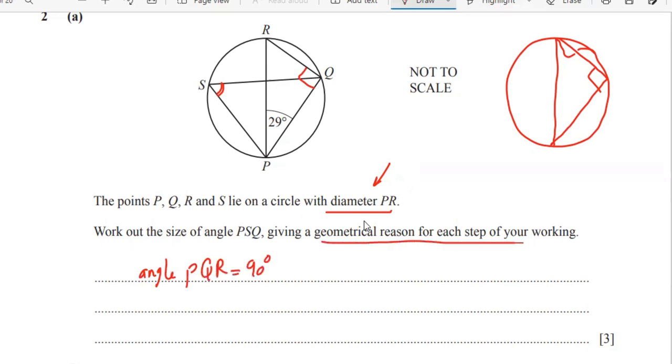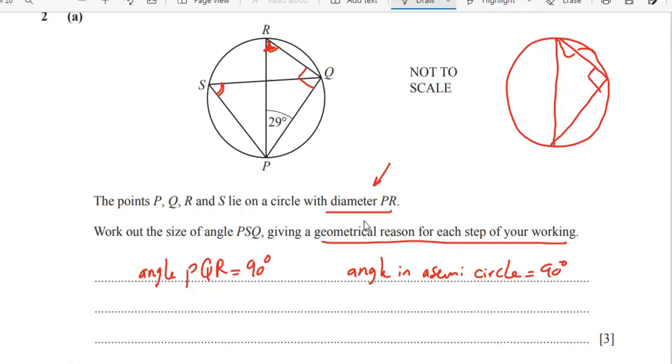And don't forget to give a reason for your answer for each step. So angle PQR is 90 degrees because angle in a semicircle is 90 degrees. Okay, the next step is to find this angle up here, which is angle PRQ. So this angle we can find using the angle sum of a triangle, because we have 29 and 90, so we can find the third angle of the triangle.